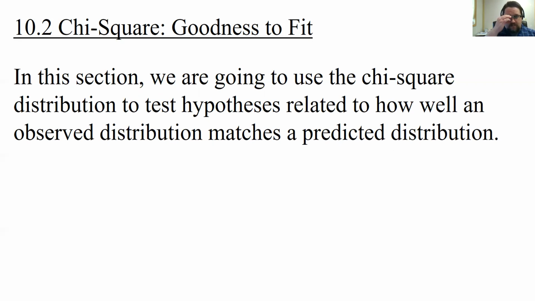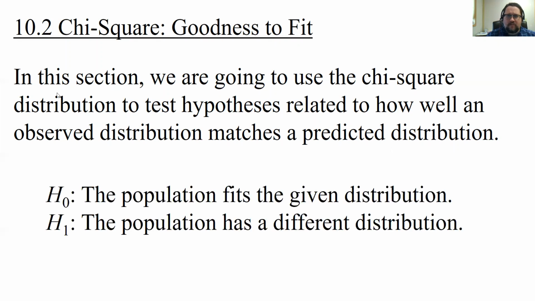Now, because we're looking at samples, and samples aren't 100% indicative of the actual population, it's not going to match perfectly. But just because it doesn't match perfectly doesn't mean we get to say it's not the same distribution. We're going to have to make some kind of judgment using hypothesis testing, just like we've done in the previous chapters and sections.